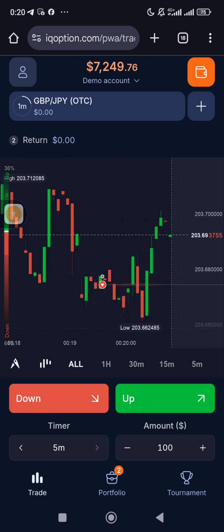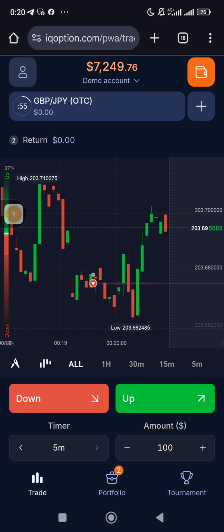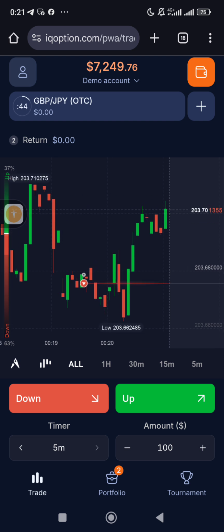You double it. Then if it now goes to profit, please get this right: it will return all the previous losses you had, and you will get plus 86% profit.